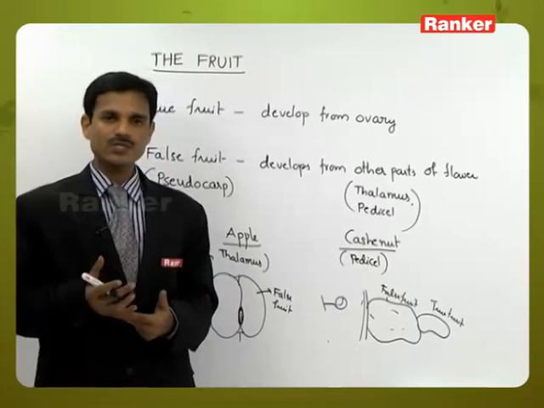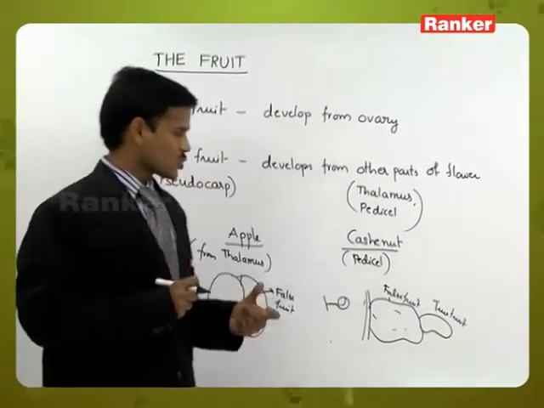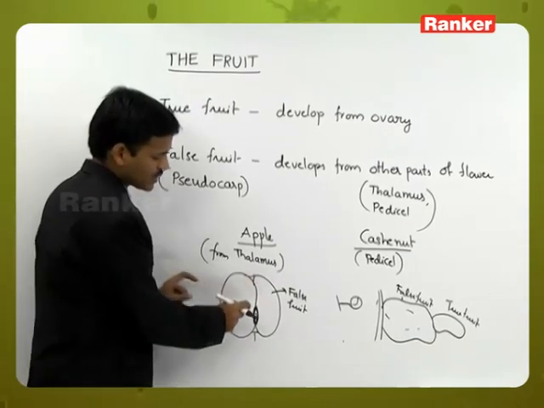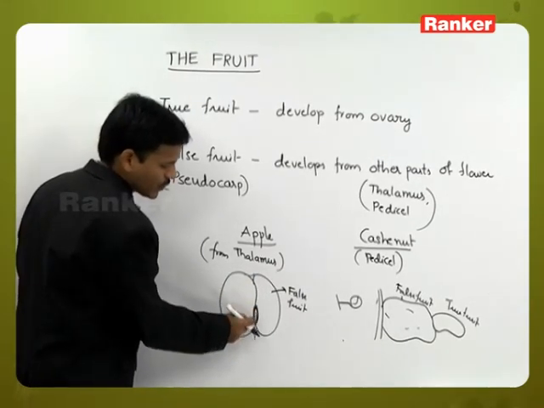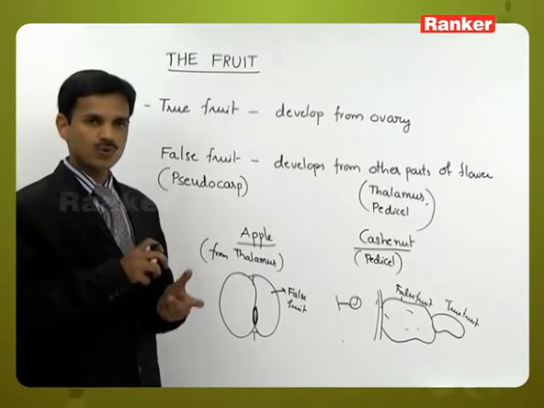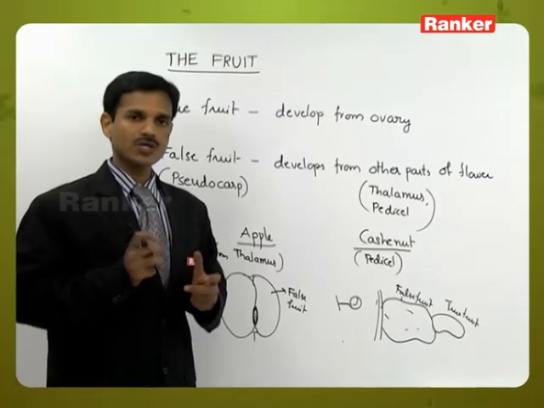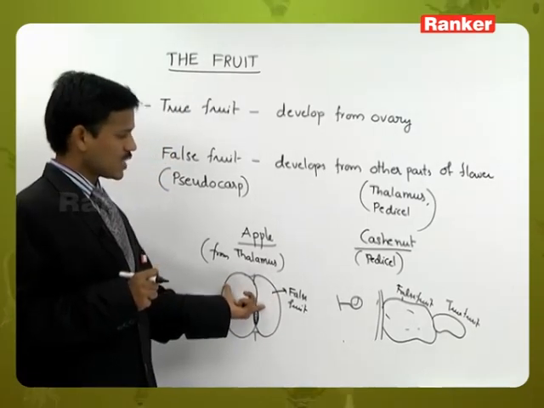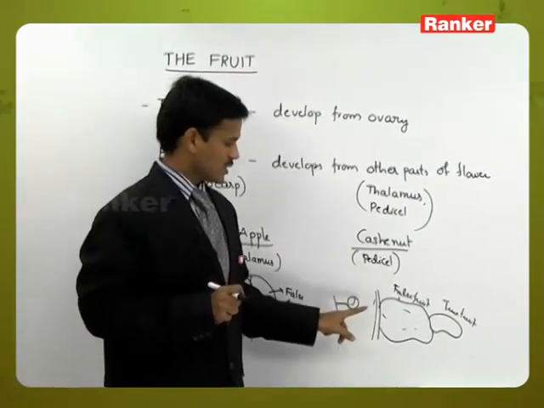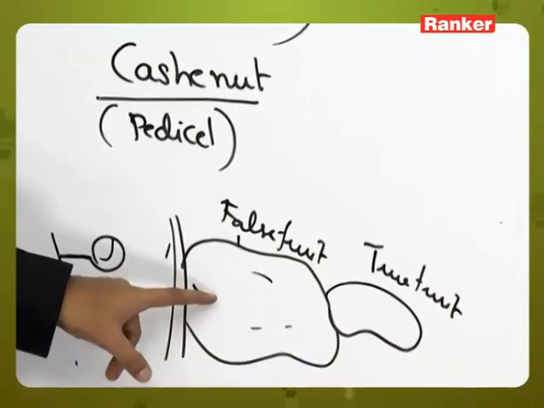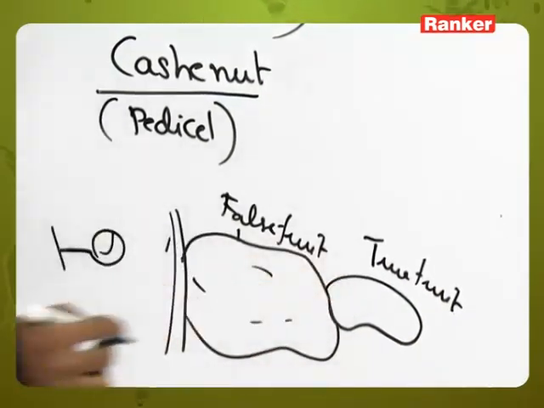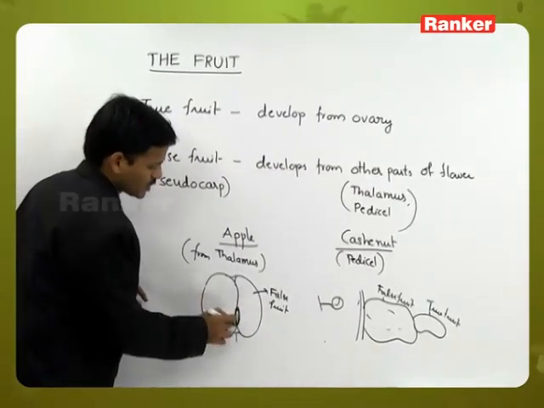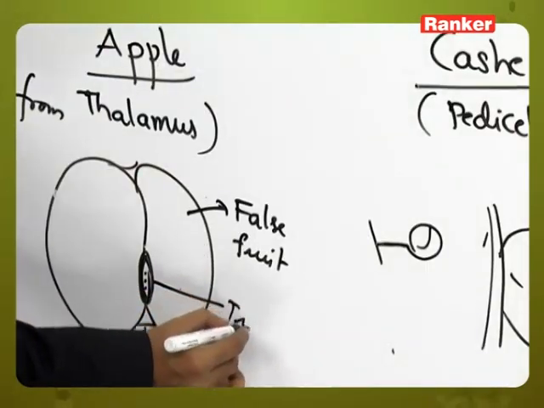In false fruits, true fruits are also present. Here it is false fruit, but the true fruit is also present. Ovary develops into true fruit, but other parts also develop into fruits. The other part is thalamus in apple, which develops into false fruit, and in cashew nut, pedicel develops into false fruit.